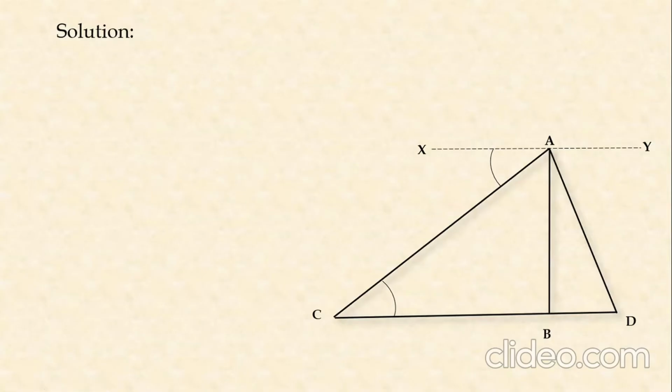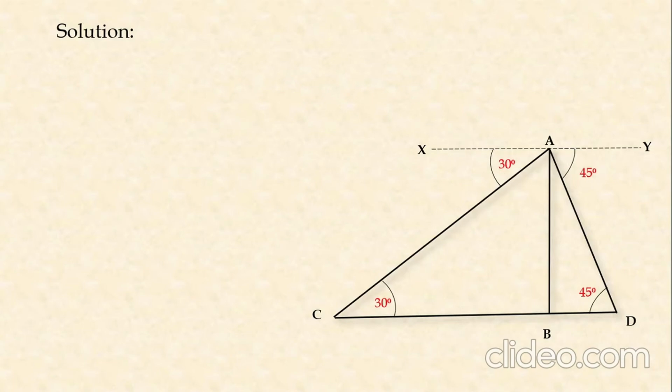So these alternate angles are equal. Now the second alternate angles are YAD and ADB. This is 30 degrees, for the first kilometer stone, and this is 45 degrees.